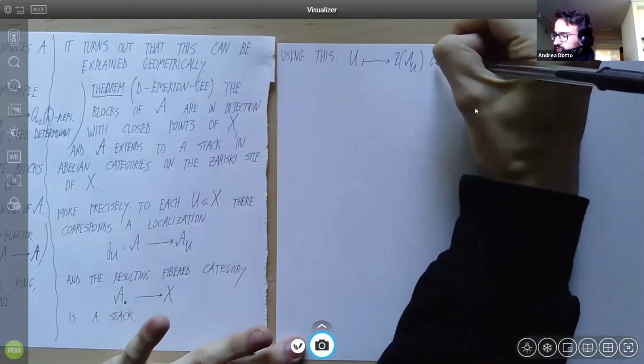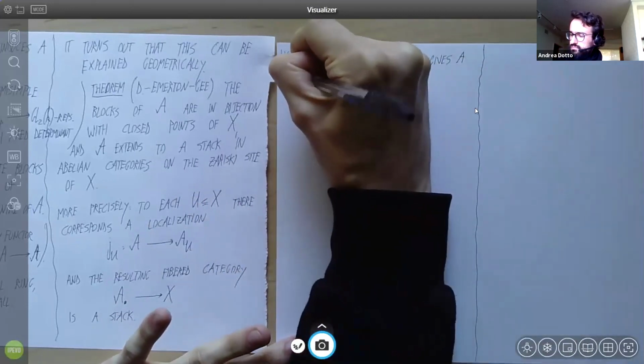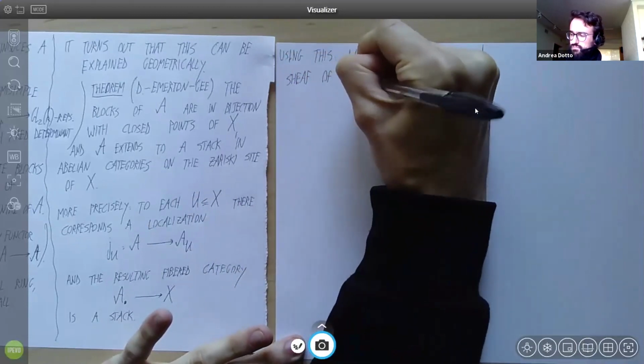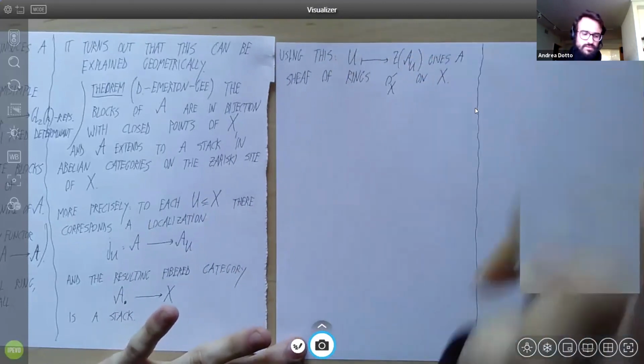So this gives a sheaf of rings, which I'm going to call O on X.